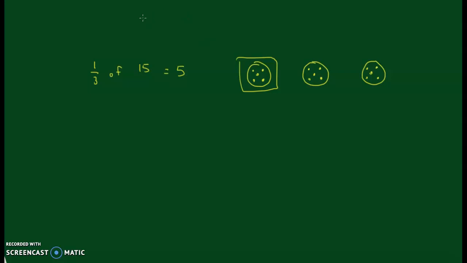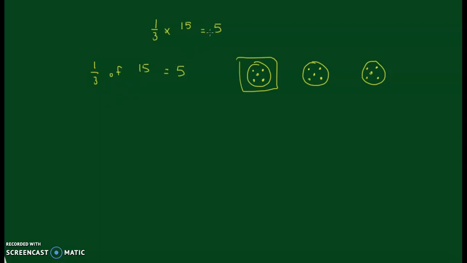Now, you're being asked to connect the fraction problems to multiplication, and when you're doing 1/3 of 15, you're actually finding the answer to a problem that's 1/3 times 15. So 1/3 times 15 is 5, just like 1/3 of 15 is 5.